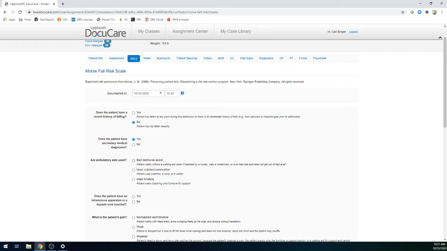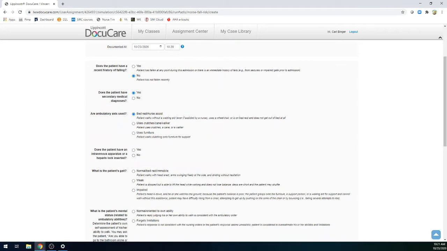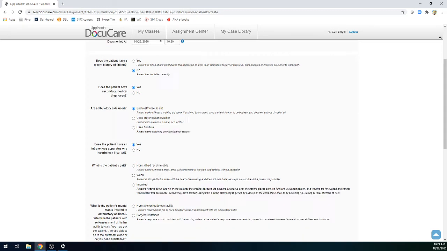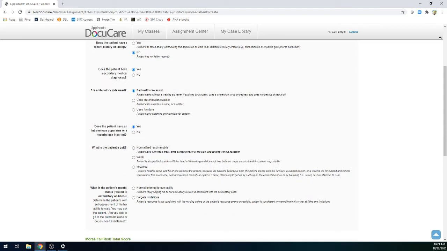Ambulatory aids used. Well, right now we're going to be probably keeping him on bed rest because he gets too short of breath. And maybe since he's fatigued and with the chest tube, nurse assist. Does he have an IV? Yes, he does. How is the patient's gait? Well, he's fatigued, right? So I'd say weak.